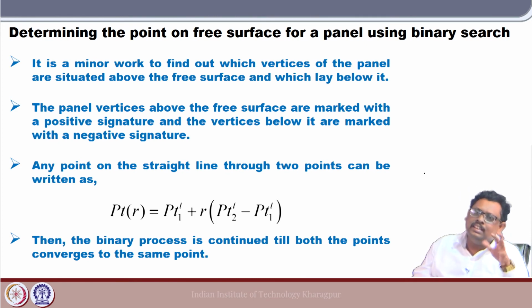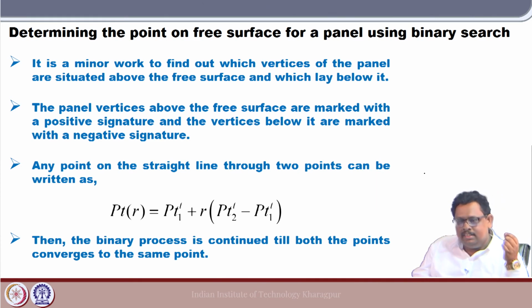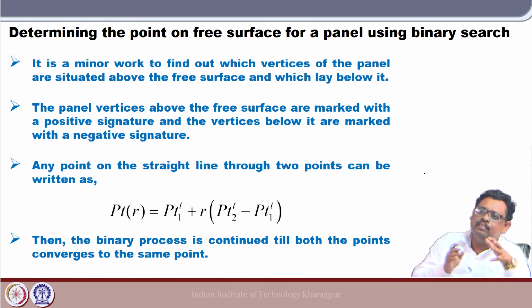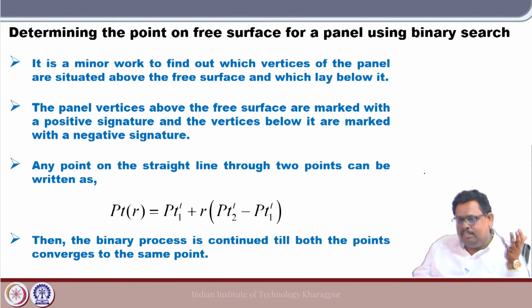So, that can be used as a signature. If it is above the free surface you can take it as true, below the free surface you can take it as false. In Fortran also you can use true false, it is possible, but normally you can go with the integer 0 or 1, or plus 1 or minus 1, whatever.